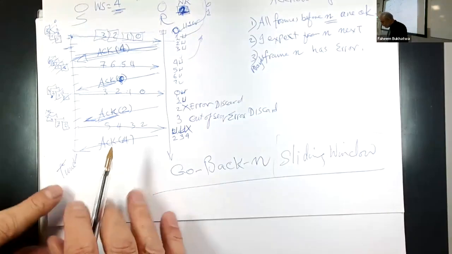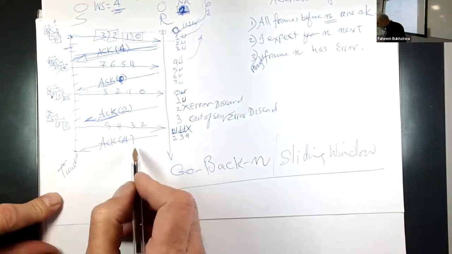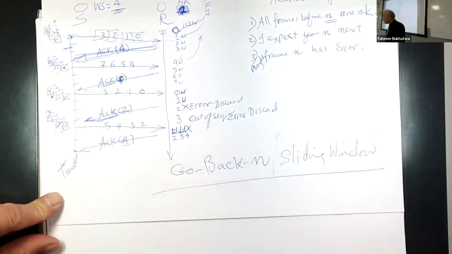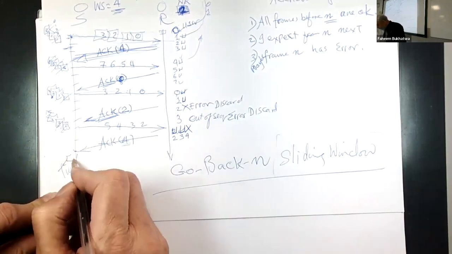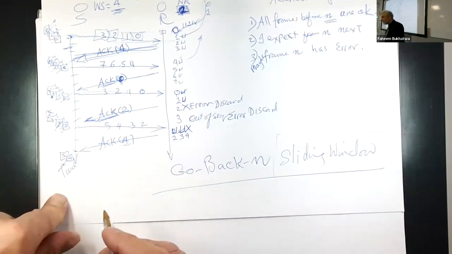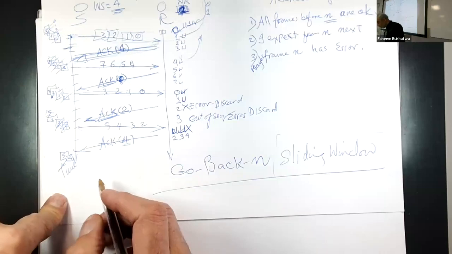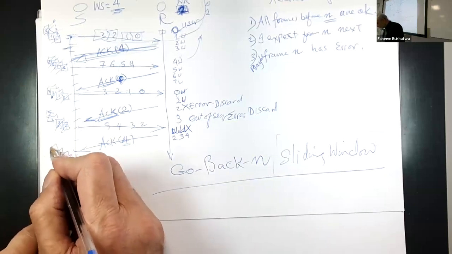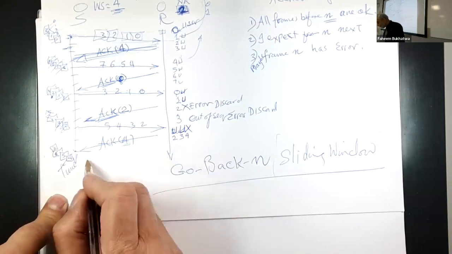So what does the sender do here? Acknowledgement 4 means 2 and 3 are okay. I have to send you 4 and 5, and since we always assume there is a lot of data to send, it will send 4, 5, 6, and 7.